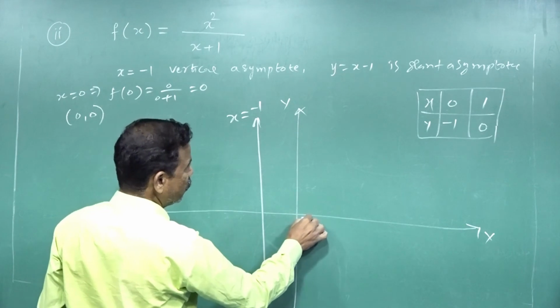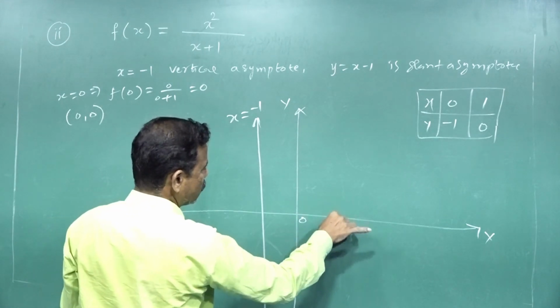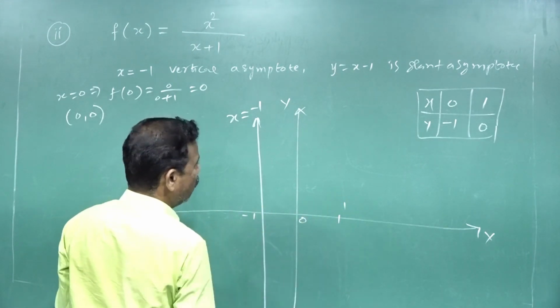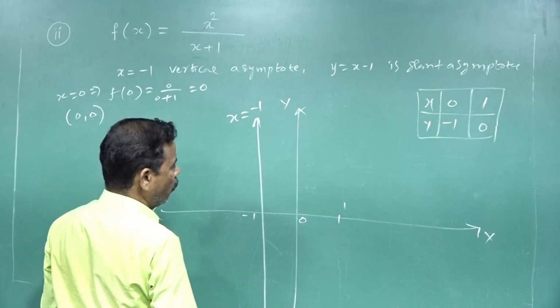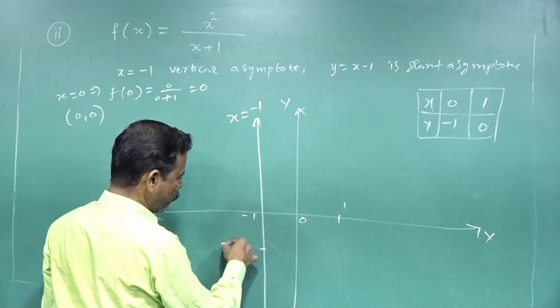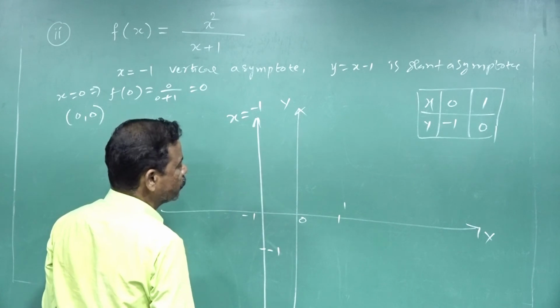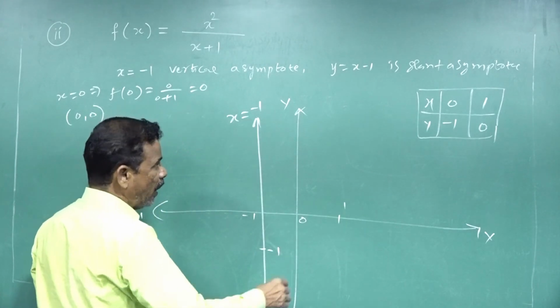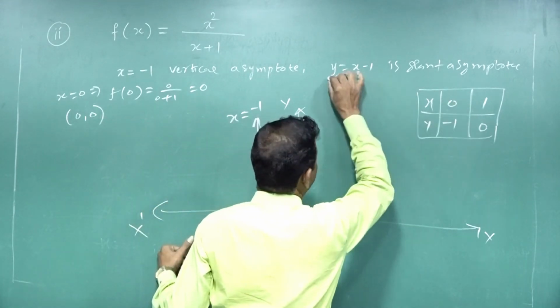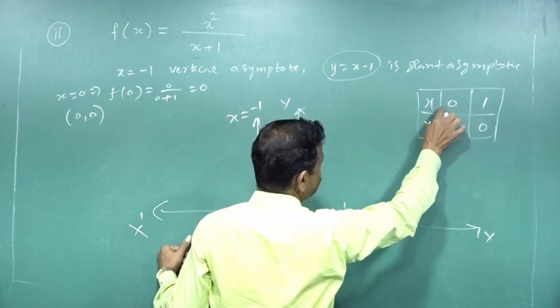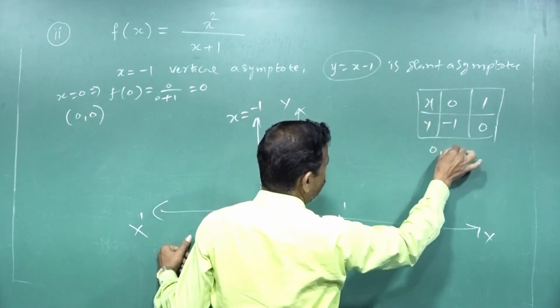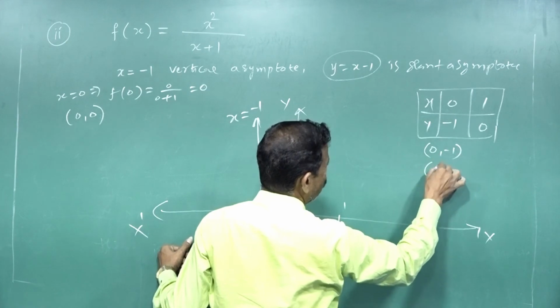This is the origin. This is 1, suppose. This is the minus 1, and the y value minus 1 here. So the line y is equal to x minus 1 has intercepts 0 comma minus 1 and 1 comma 0.